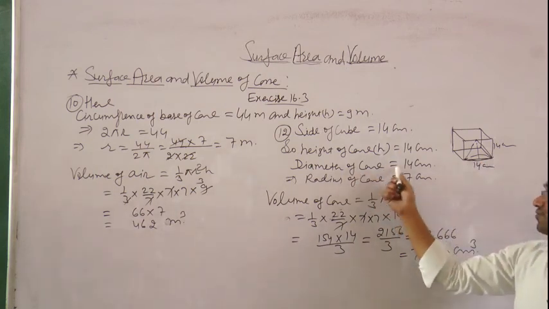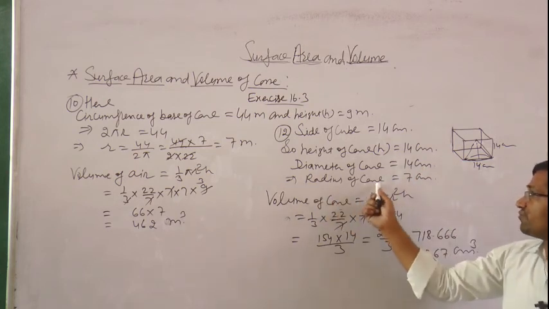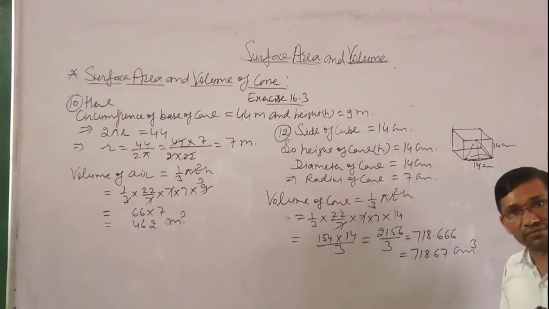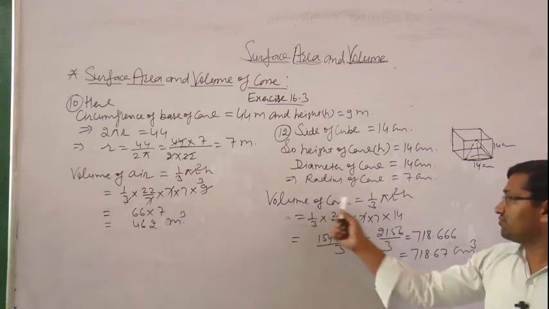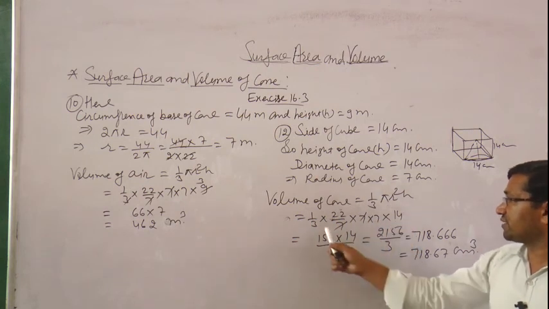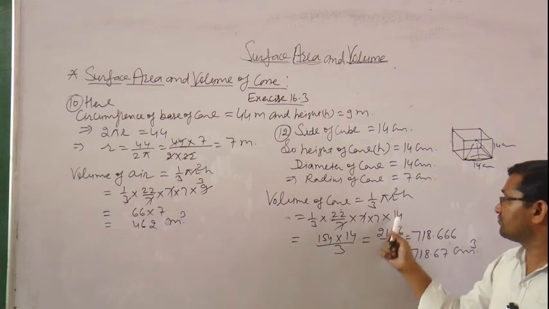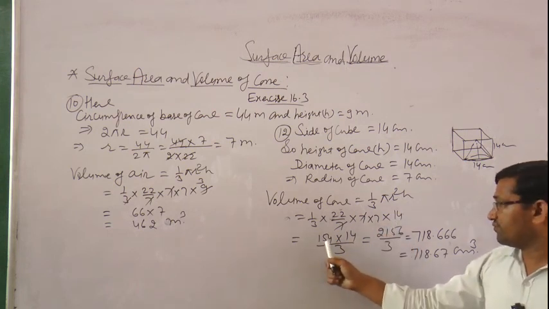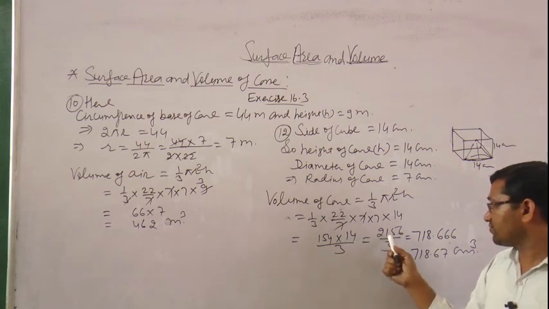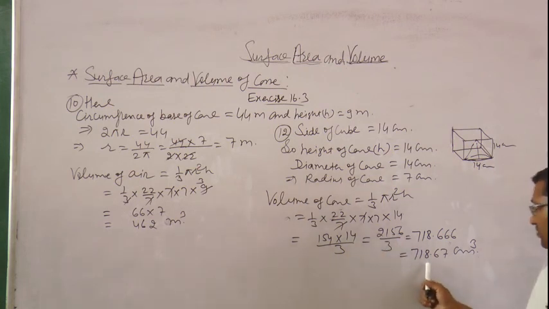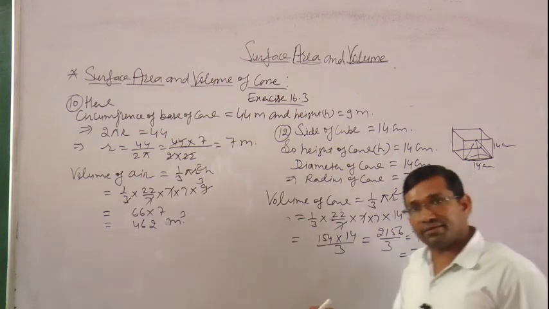It means diameter of cone is 14 centimeter, so radius of cone is 7 centimeter. Volume of cone is 1/3 pi r square h, 1/3 into 22/7 multiply r, 7 multiply 7, h 14, is equal to 154 multiply 14/3, that is 2156/3, is equal to 718.67 centimeter cube. Clear?